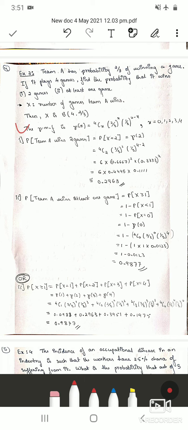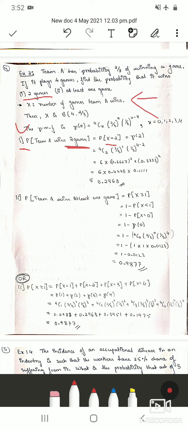So now first let us calculate the first sub question, that the team wins 2 games. So here the probability, so this is the capital P. So the probability that team A wins 2 games is equal to capital P, in bracket you have to write x equal to 2. Here what is x? X is the number of games team A wins. So we have to see what is the probability that it wins 2 games.